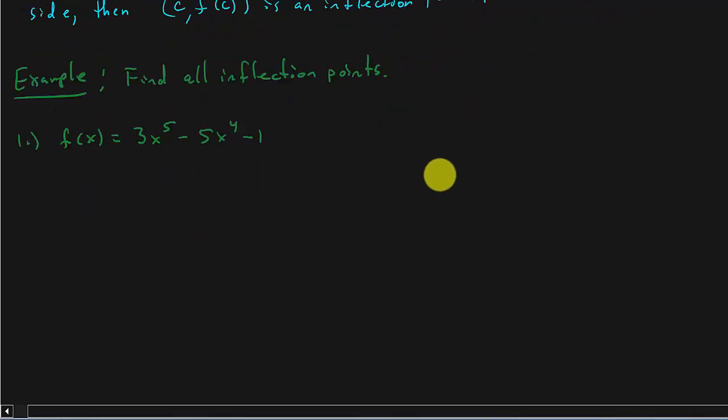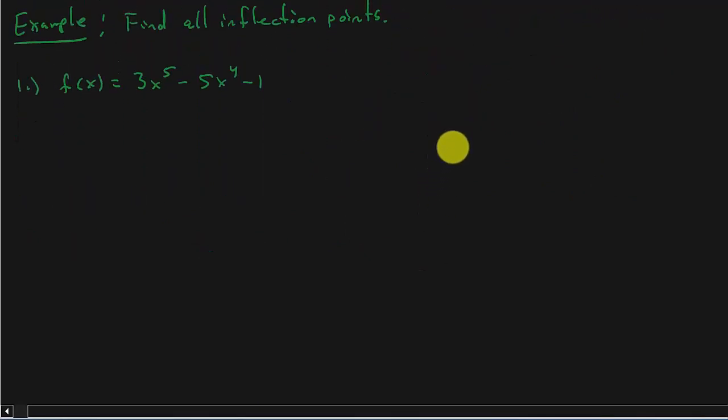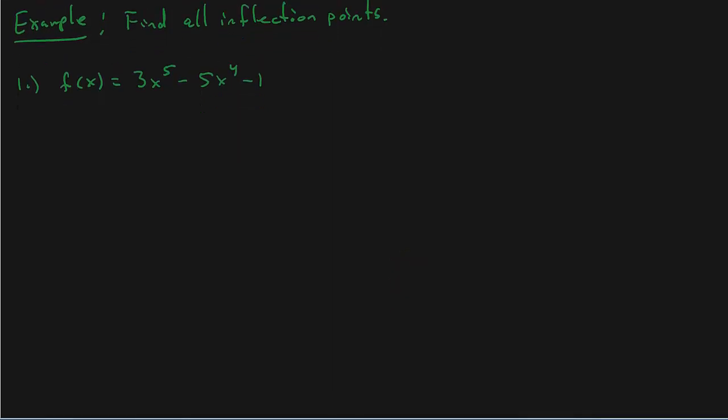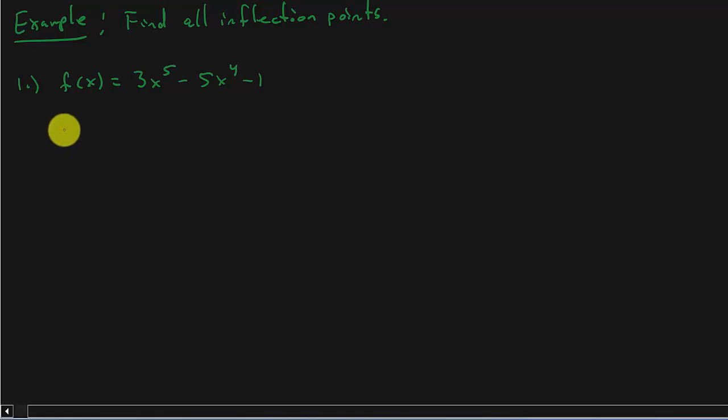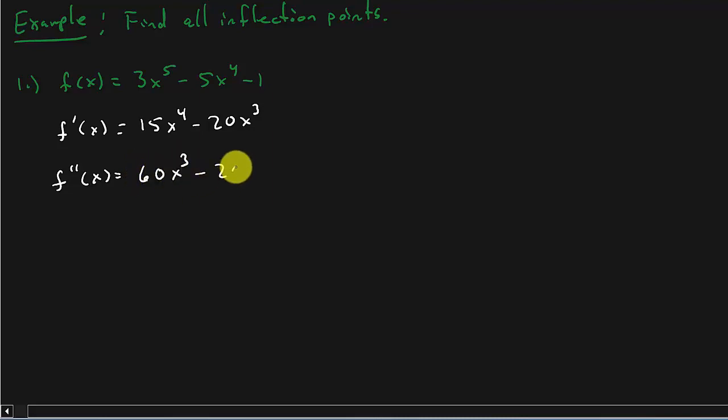So let's work an example. It's probably easier for you to see. We've got 2 problems here to work to find inflection points. So find all inflection points. We've got to find f double prime. So that's going to be 15x to the 4th minus 20x cubed. And then f double prime is equal to, what is that, 60x cubed minus 60x squared.